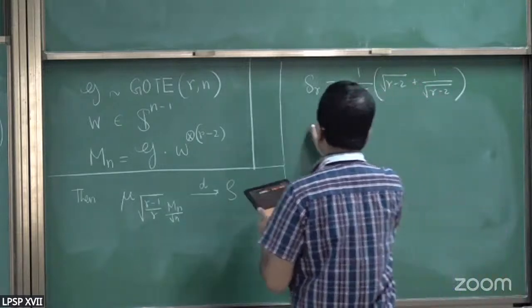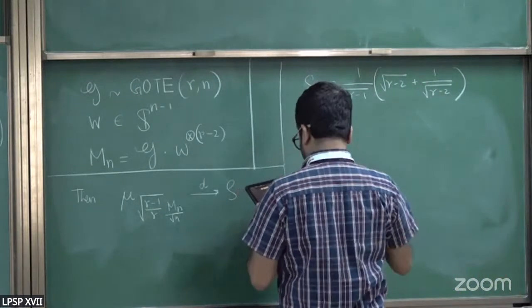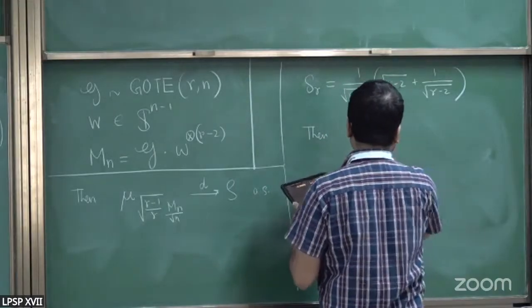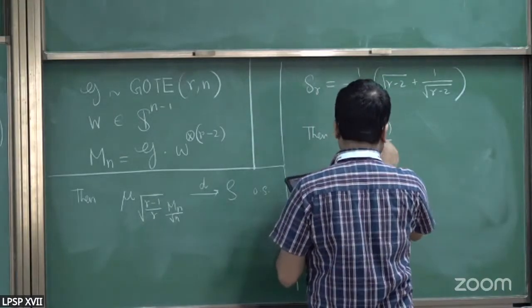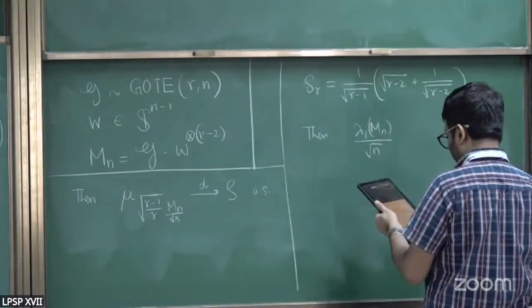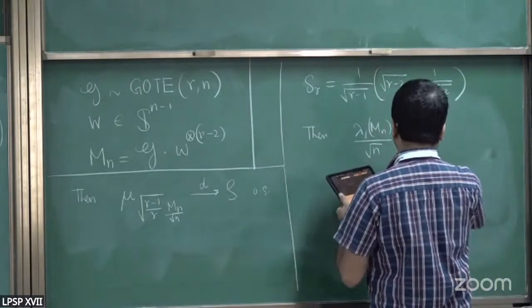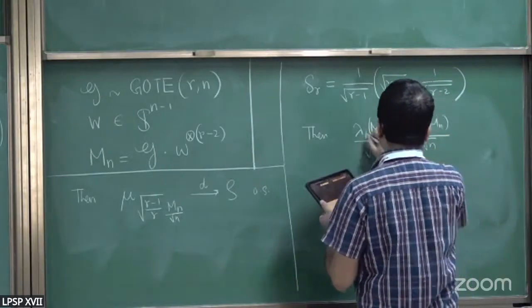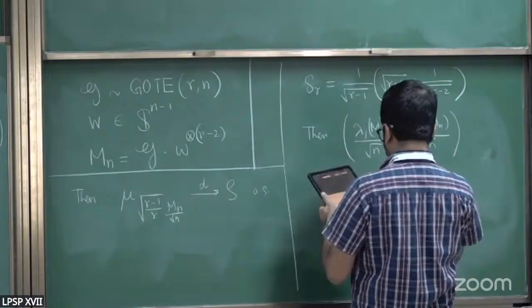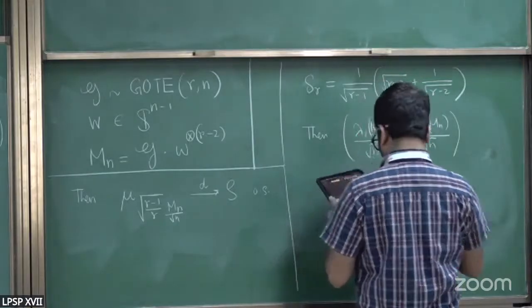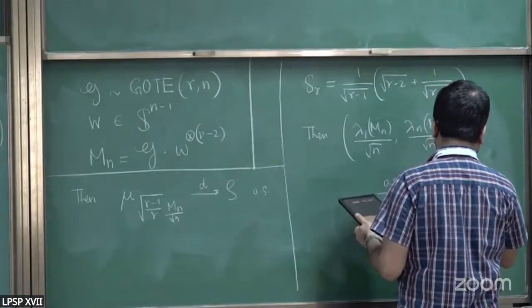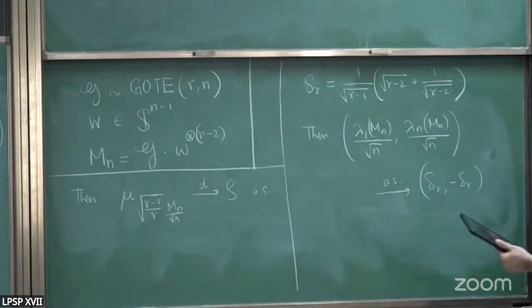Then the largest and the second largest eigenvalue exit the bulk of the spectrum, just like for hypergraphs. Okay, so they converge to delta_R and minus delta_R.